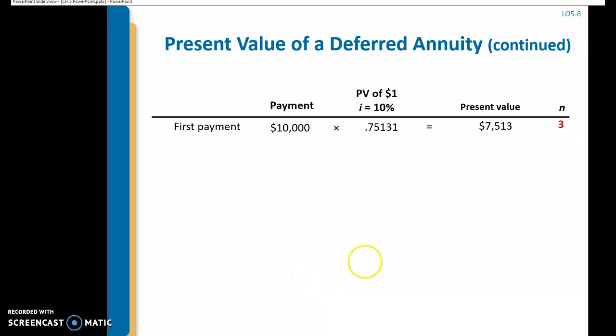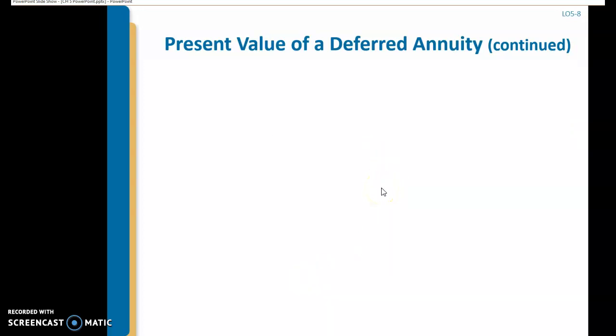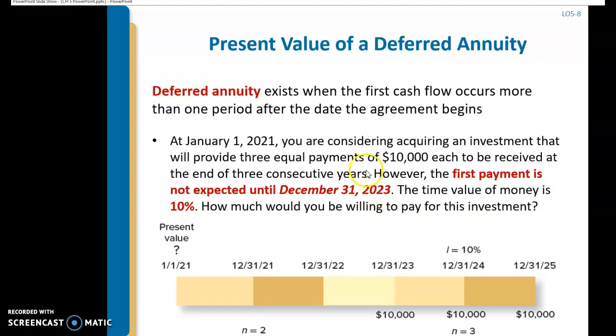So this problem should be viewed as two separate present values combined together. First, you need to find the present value of an ordinary annuity where n equals 3 and i equals 10%. And once you calculate that number, then you need to find the present value of that number for 2 years at 10%. Just the regular present value, not an annuity calculation, just the regular present value calculation.